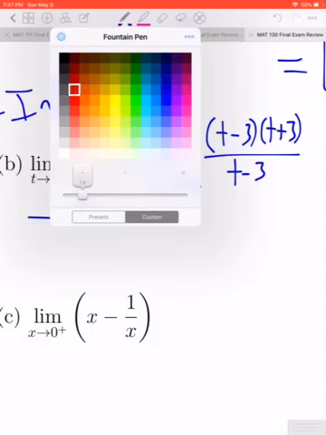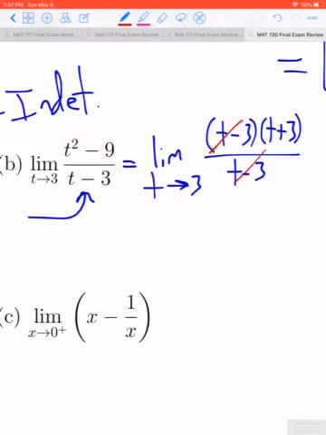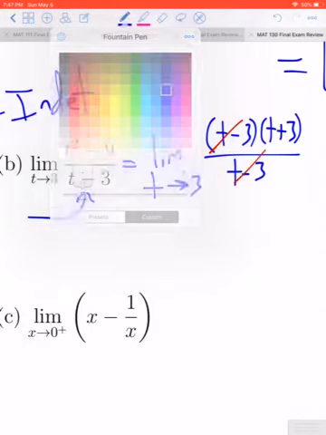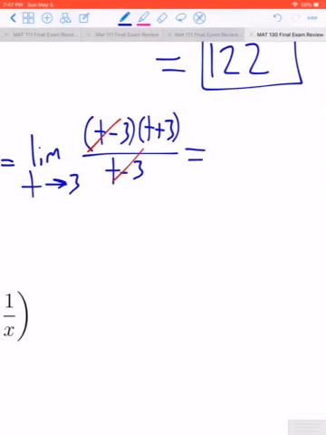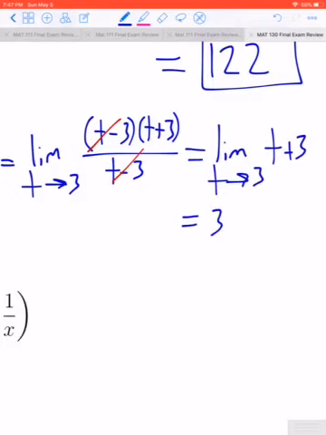We see that both numerator and denominator have a common factor of t minus 3, which we can go ahead and cancel out. So this is equivalent to the limit as t approaches 3 of t plus 3. And now we can find the limit by direct substitution. The limit is going to be 3 plus 3, which is equal to 6.